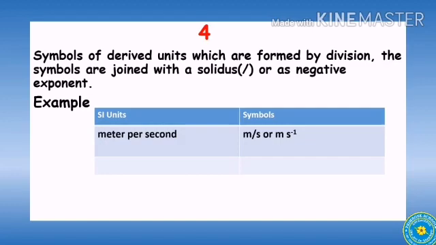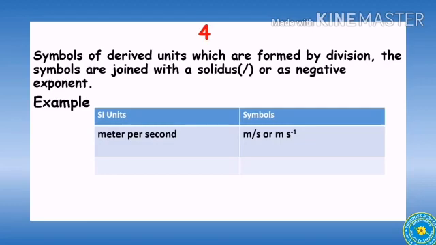Okay, when you write it in symbol, you will not write m divided by s. Instead, you will write m solidus s or m s power minus 1. Okay, s is in the denominator. When you bring s to the numerator, you will write power minus 1. Got it? Here, minus 1 is a negative value.